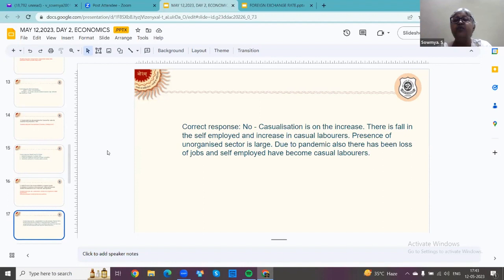So that's exactly what they're supposed to write: casualization is on the increase. There is a fall in the self-employed and an increase in casual laborers. And the presence of the unorganized sector in India is large. In spite of all the programs done by the government, this is what is happening. Yes, that is the right answer.